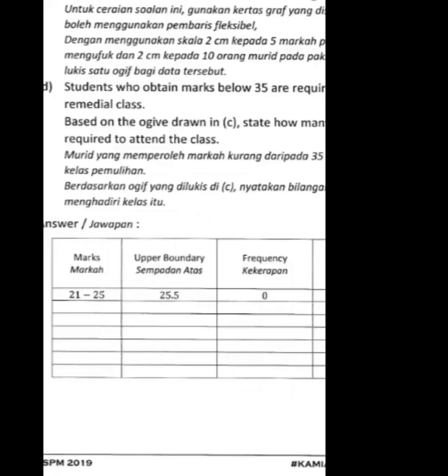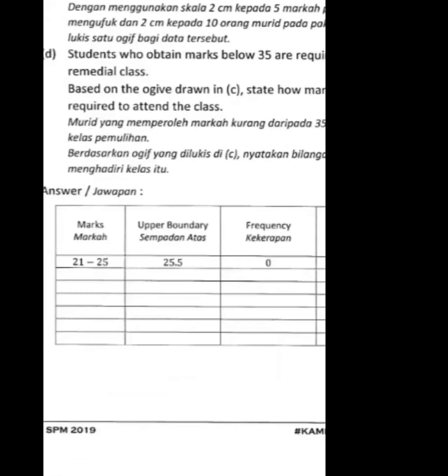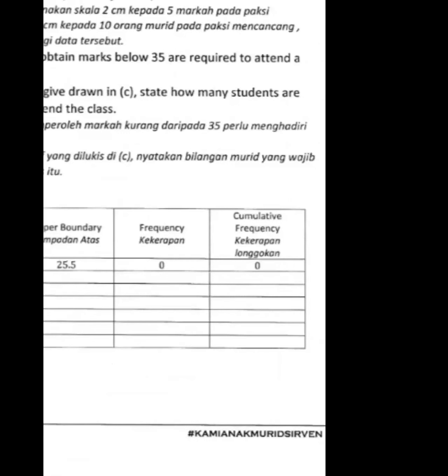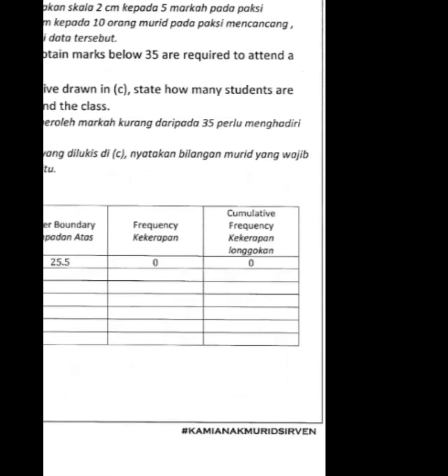The second column of frequency is 5, so you just write 5, and the cumulative frequency is also 5. For the third column, the frequency is I think 10, and for the cumulative frequency you just do 10 plus 5 equals 15, just like that. You just sum up, because cumulative frequency is the sum of the frequency.